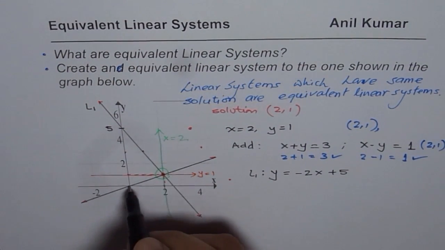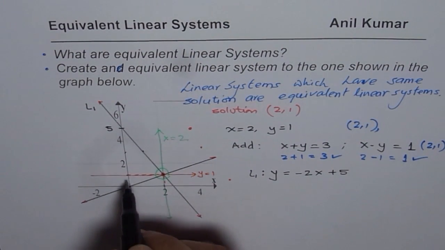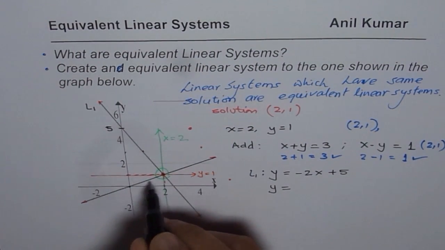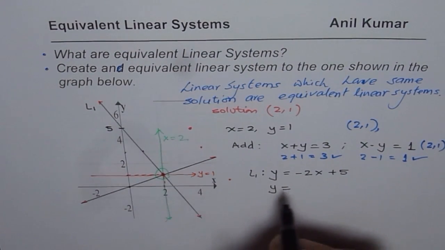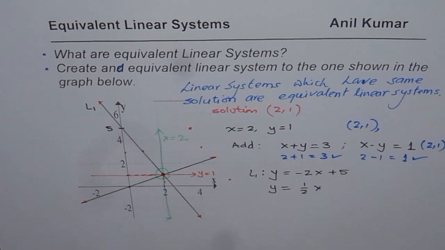The other line goes through the origin, with a rise of 1 and a run of 2, so it is y equals half x, plus 0. So that becomes the linear system given to us.